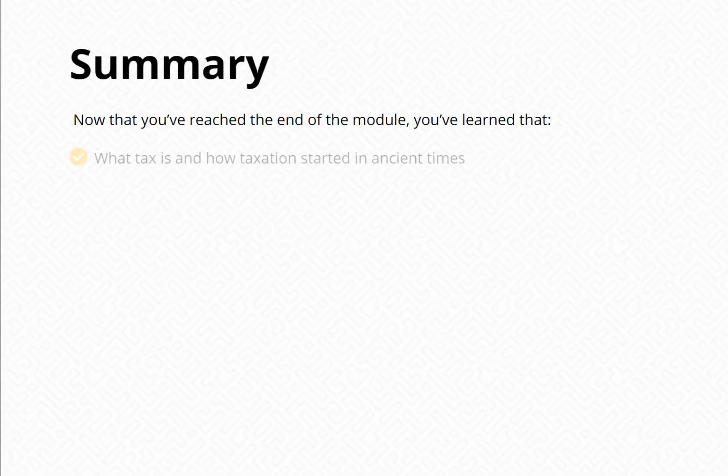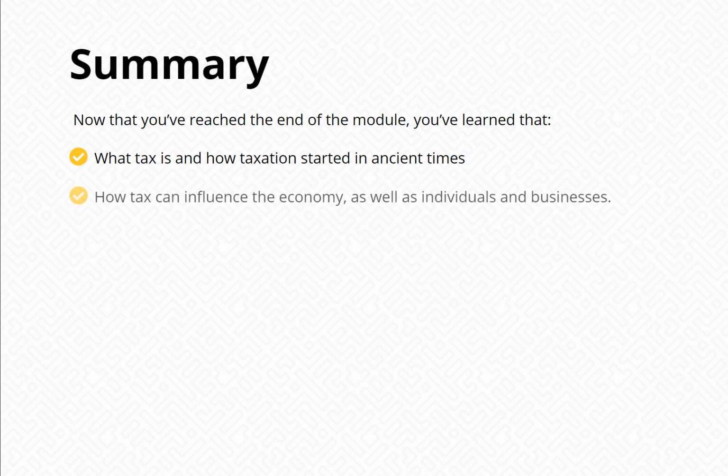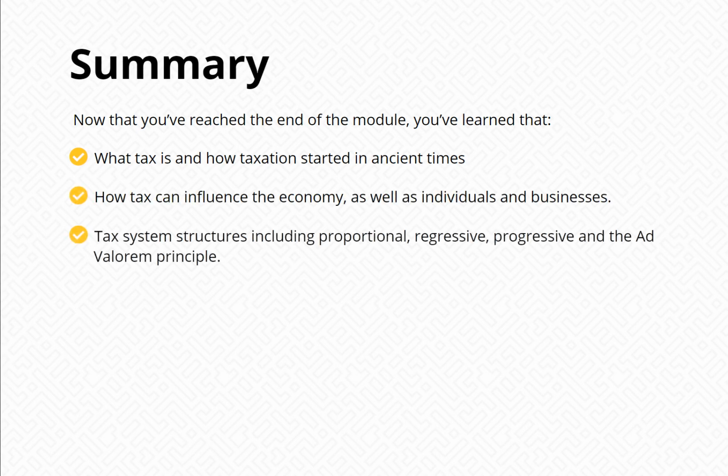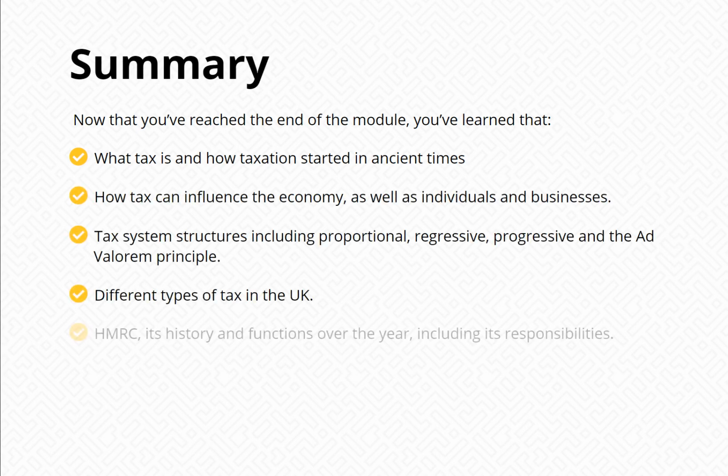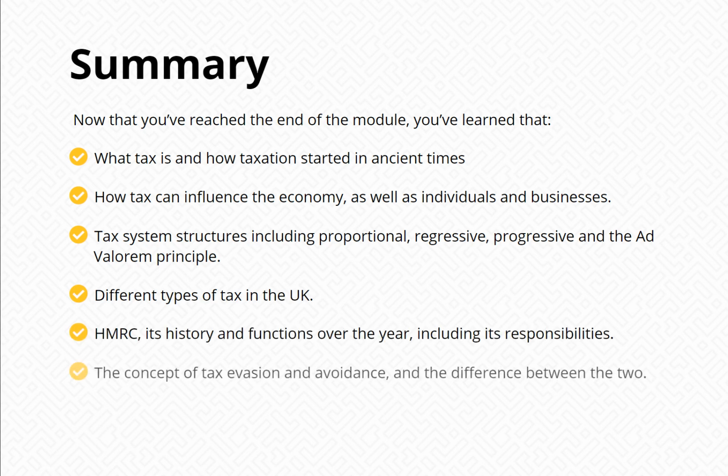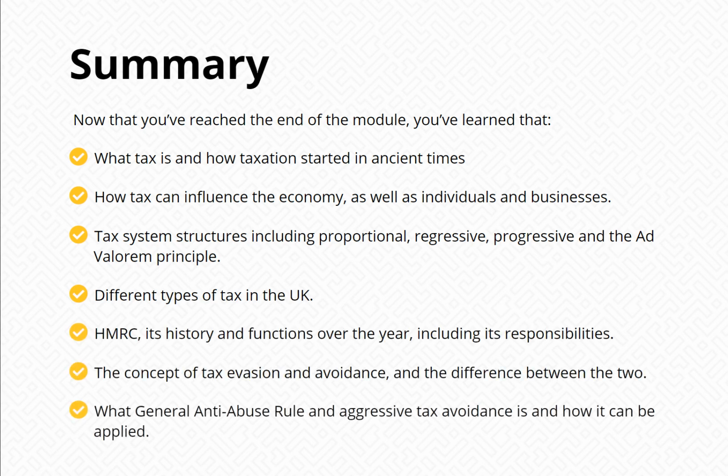Summary. Now that you've reached the end of the module, you've learned what tax is and how taxation started in ancient times. How tax can influence the economy as well as individuals and businesses. Tax system structures including proportional, regressive, progressive, and the ad valorem principle.